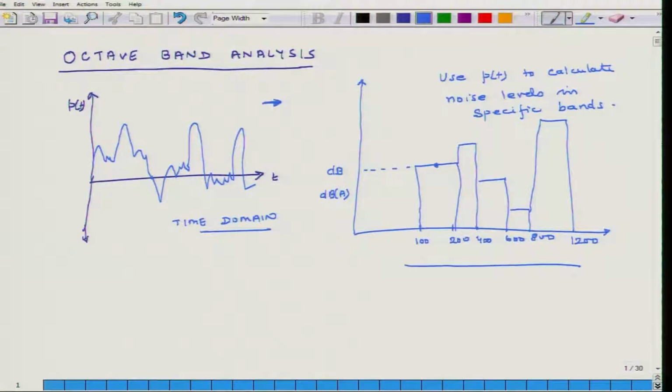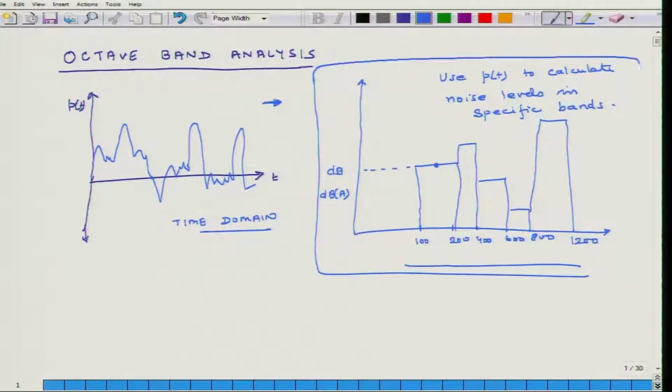plots are very frequently used, and noise experts look at these plots and figure out that most of the noise is in this 800 to 1200 band. So, based on this analysis, they say that if I have to reduce noise of this engine, I have to make sure that I reduce this type of noise in the beginning, because if I reduce this noise, it will not make much of a difference, because the decibel level of noise in the 600 to 800 hertz band is very less.